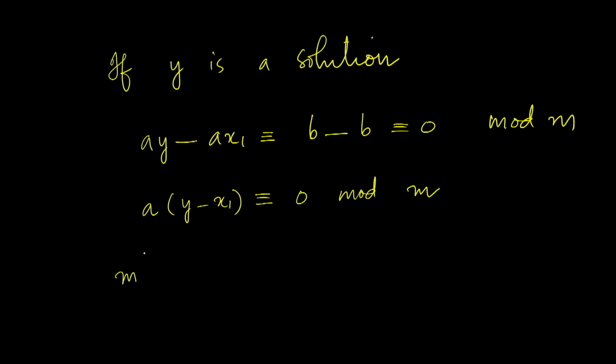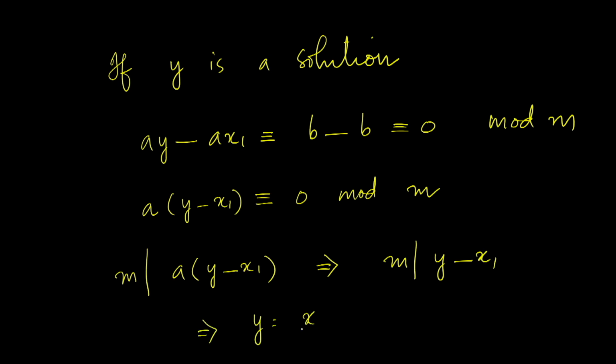Or in other words, m divides a times y minus x1. But since a and m are relatively prime, they do not have a common factor. Therefore, it must be that m divides y minus x1, which means y is congruent to x1 modulo m.